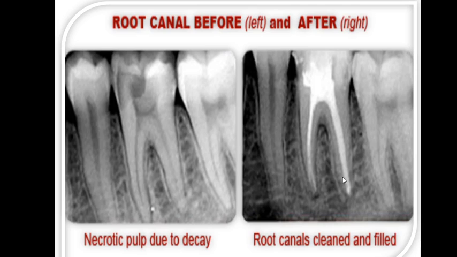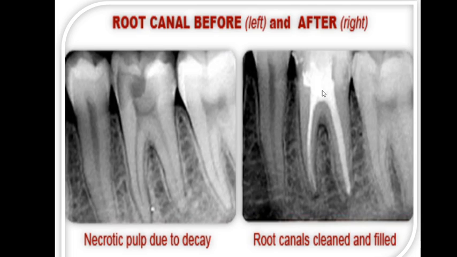And this is the filling material, which also looks radiopaque. Can you see? This is the caries, it looks radiolucent. Can you see the difference? So here this is a necrotic pulp due to decay, and this is the root canal cleaned and filled with gutta-percha and filling material.